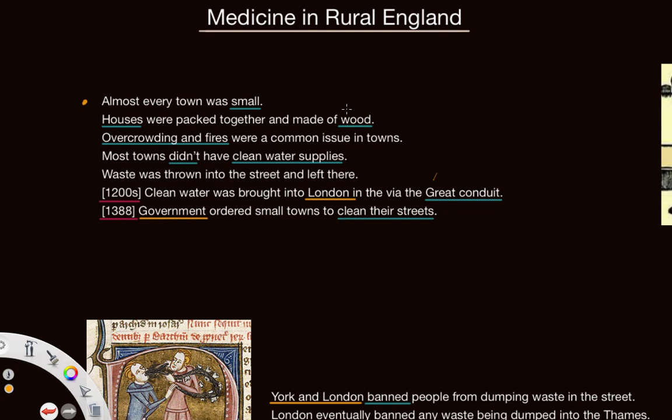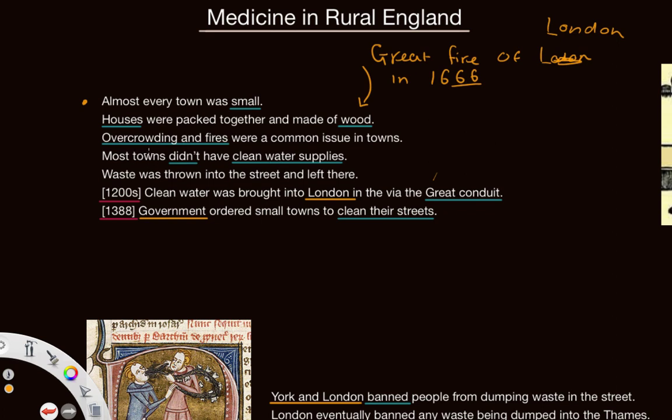Now, this is partly what causes the Great Fire of London in 1666. This is just a specific example that I can think of, where the idea of these small wooden houses all compact together became a big problem.